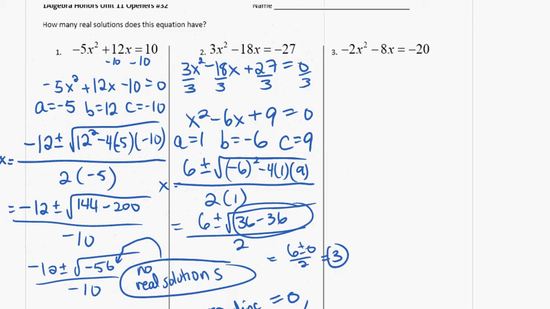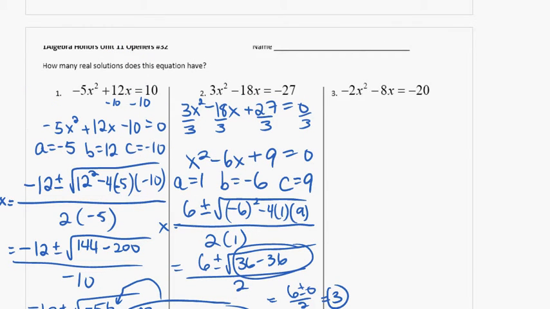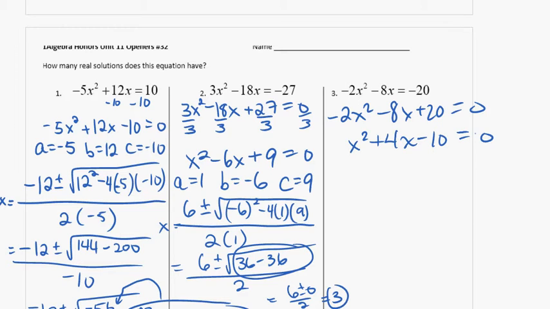You might be able to guess on this next one, but let's do it anyway. Minus 2x squared minus 8x plus 20 equals 0 after adding 20 to both sides. So now a is minus 2. Actually, I'm going to divide everything by negative 2. So x squared plus 4x minus 10 equals 0. So a is 1, b is 4, c is negative 10.